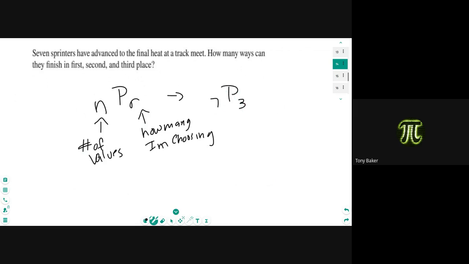There's two different ways this can be put into your calculator. Some calculators, you actually put it in just like this, as 7P3. Some calculators will be listed like this, it'll be nPr and then 7,3, which is what Desmos does.